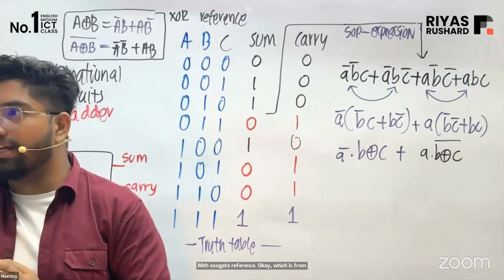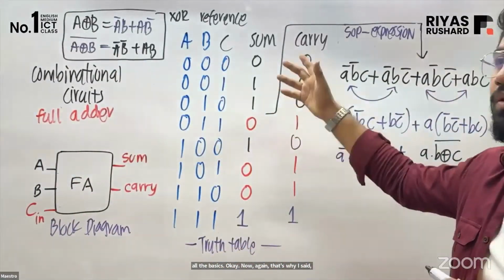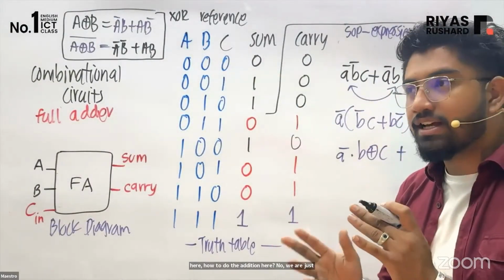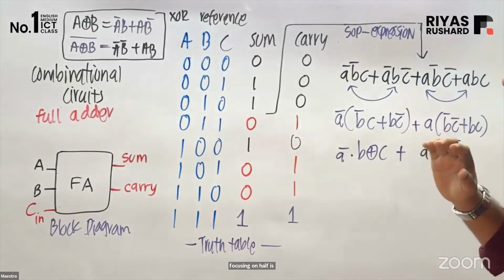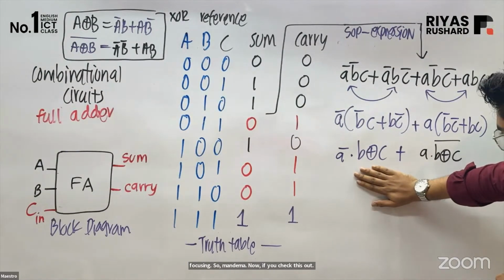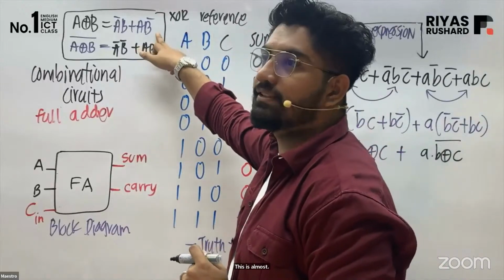Now again, I'm not talking about how to create a truth table here, or how to do the addition. We are just focusing on half adders and full adders. Now if you check this out, this one is almost similar to this.